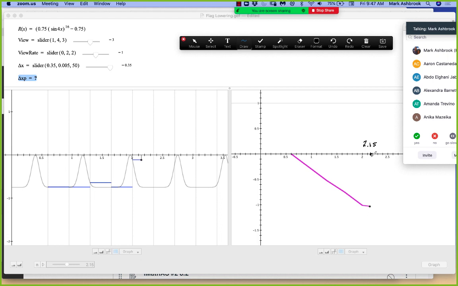How would we calculate how much the height has descended since 0.6 seconds? Or in other words, what is the net accumulation of height, A of 2.15, which would be something like this right here? What is this value? How much has the height descended at 2.15 seconds since 0.6 seconds?